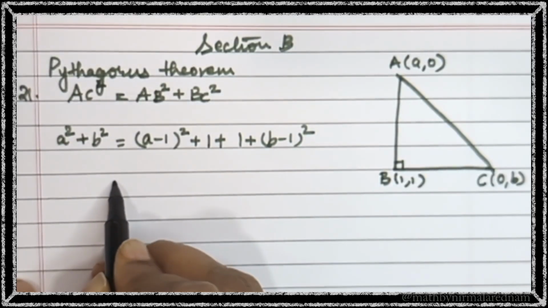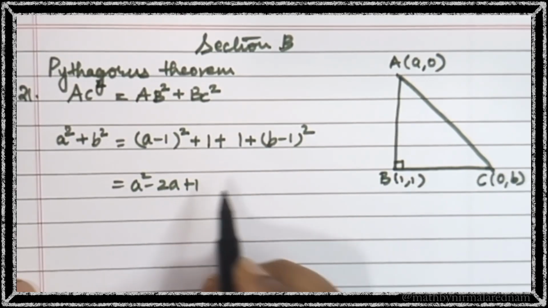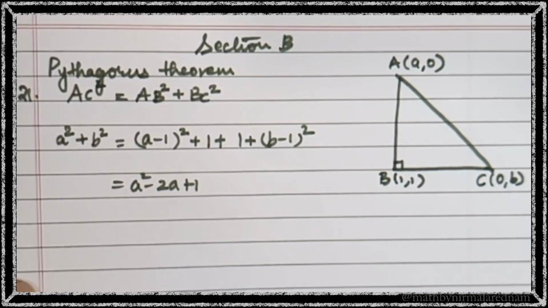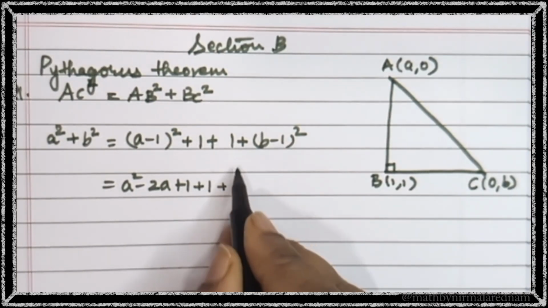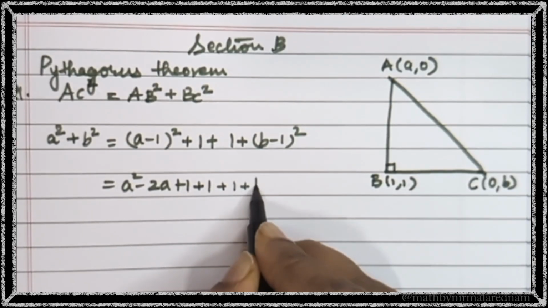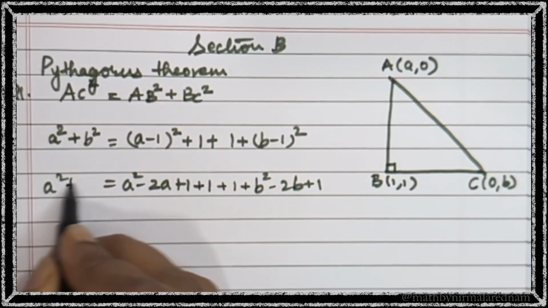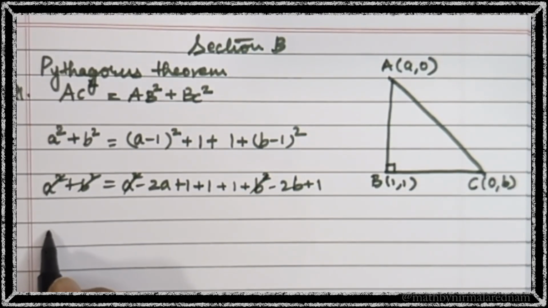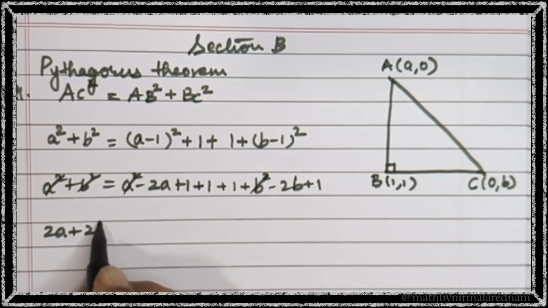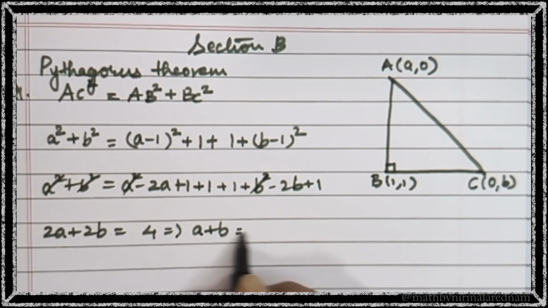Now if I expand this, I have A square minus 2A plus 1 plus 1 plus 1 plus B square minus 2B plus 1, right? So I can cancel A square and B square on both sides. I have 2A and 2B. I'm going to take it to LHS is equal to 4, implies A plus B is equal to 2. This is the relation between A and B.